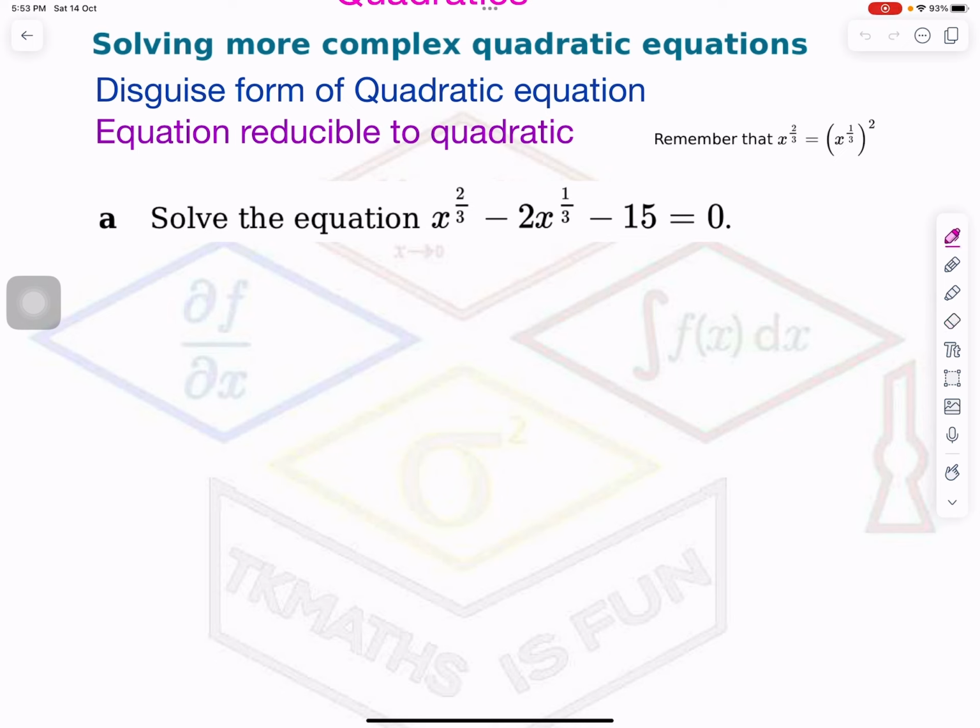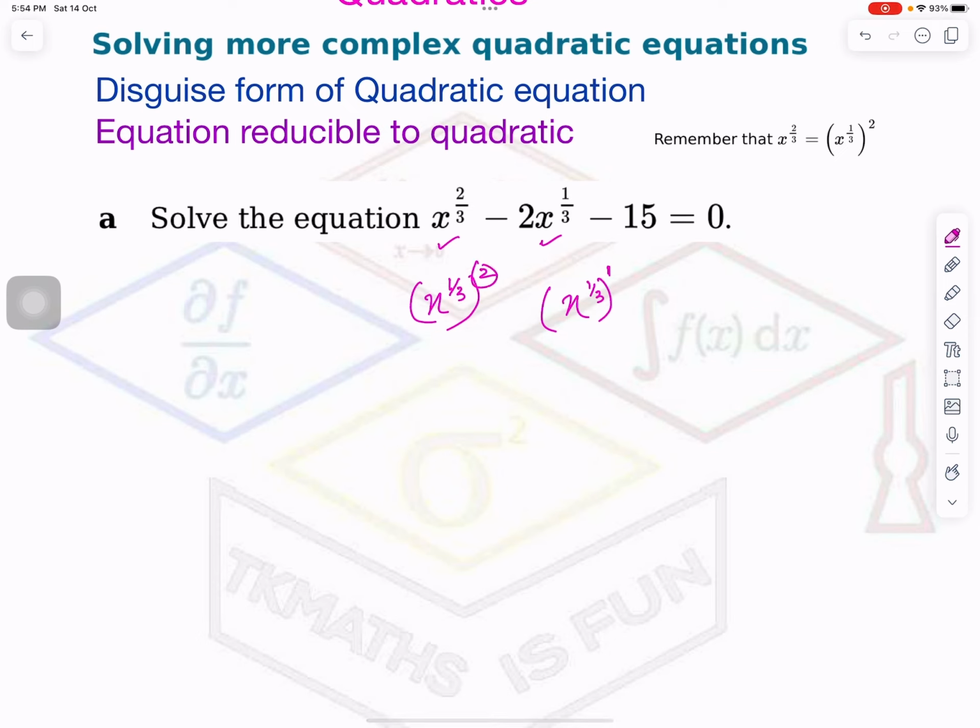In this type of question, first of all, you need to understand one thing: how you will identify it is a disguised form of quadratic or not. The very important thing is the variables which are given. For example, if you see this variable and this variable, the power should have a ratio of 1:2. So for example, if I keep 1/3 here and 2/3 there, this has power 1 and this has power 2.